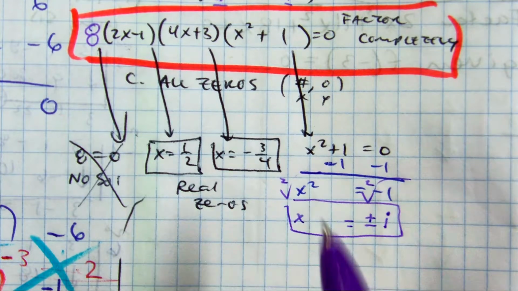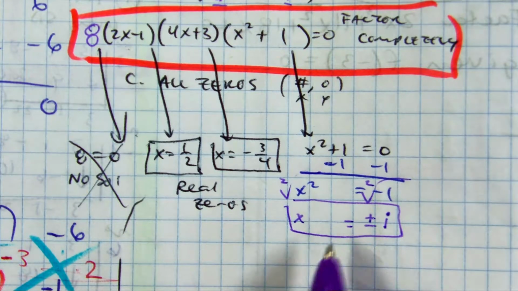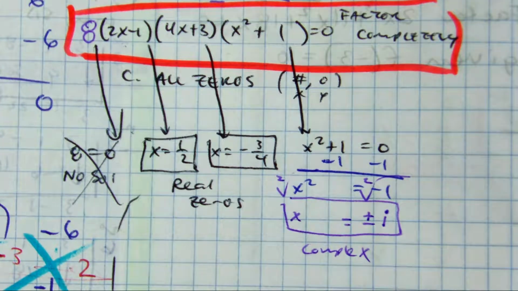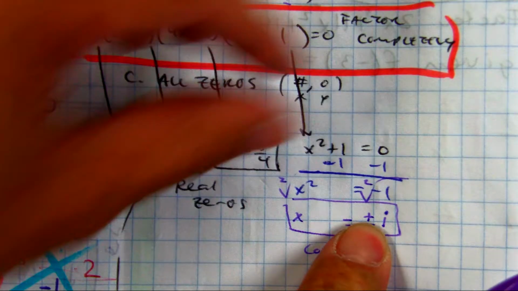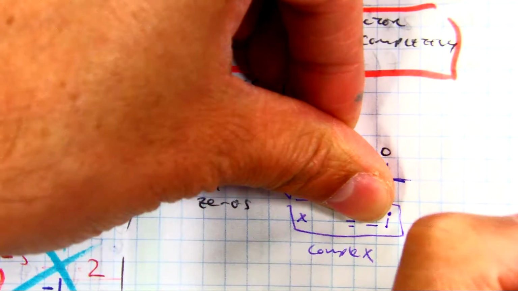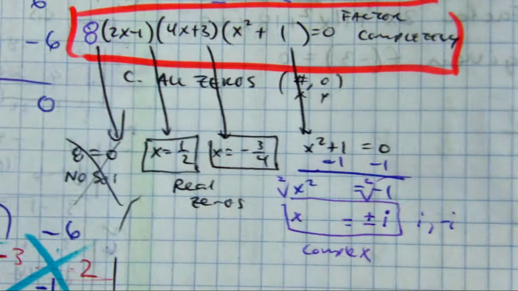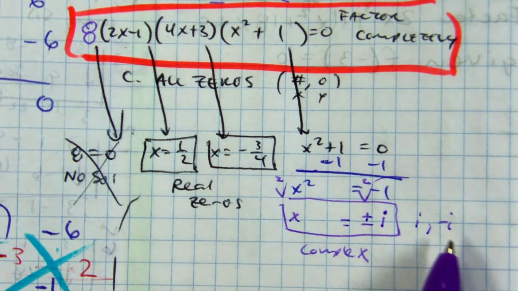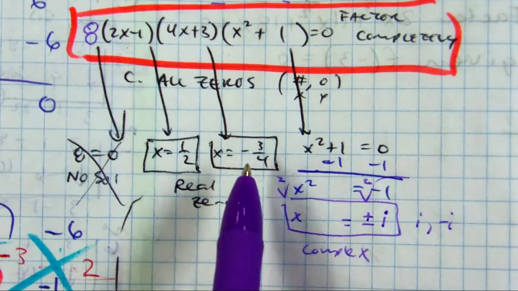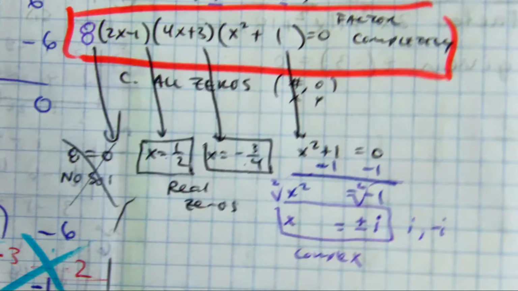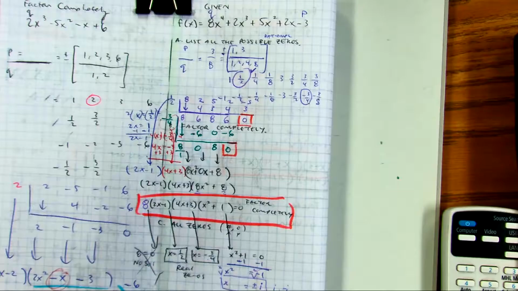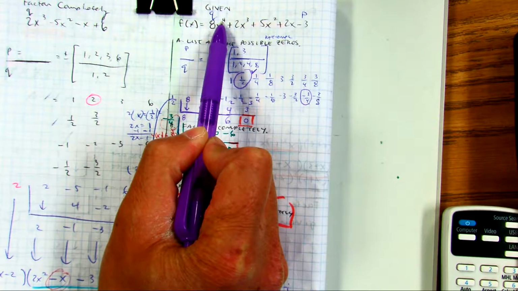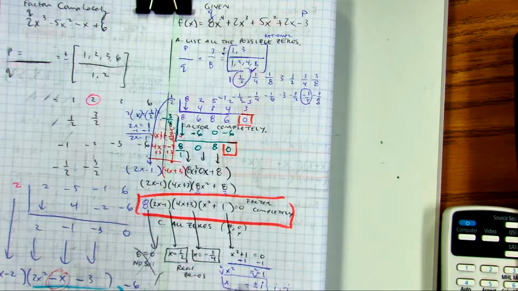Class, how many solutions is this? Count with me. Ready, set, go. 1, 2. This is really just i and negative i. Okay? Let me bring in the whole picture now. Ready? 1, 2, 3, 4. There are 4 zeros in this answer. We found that 2 are real and 2 are complex.